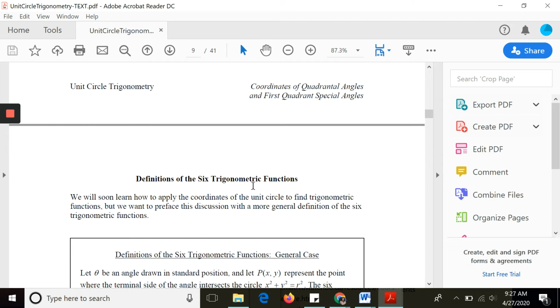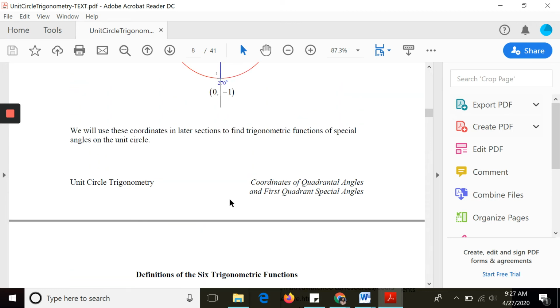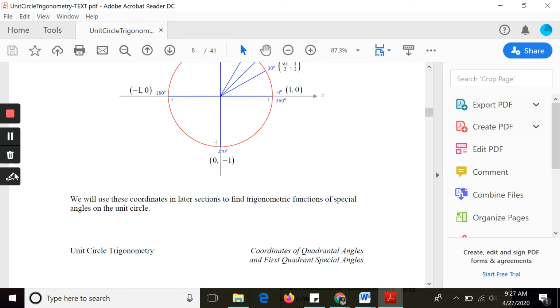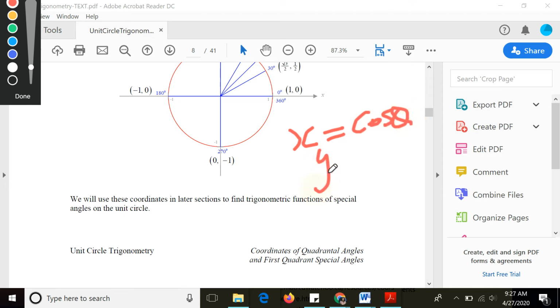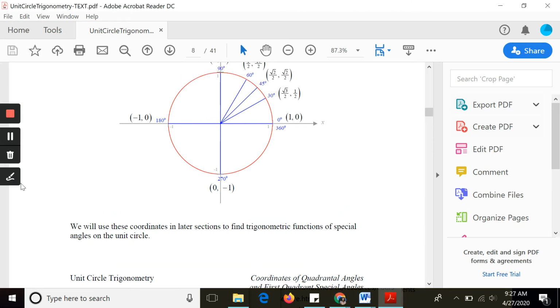Now I'm going to move to the trigonometric ratios, which we already know. There are 6 trigonometric ratios, but we are going to focus on 3. Before I move to that, I also want to tell you one more thing. If you have a unit circle, we know that x is equal to cos theta and y is equal to sine theta, with respect to theta, which is with respect to the x-axis.